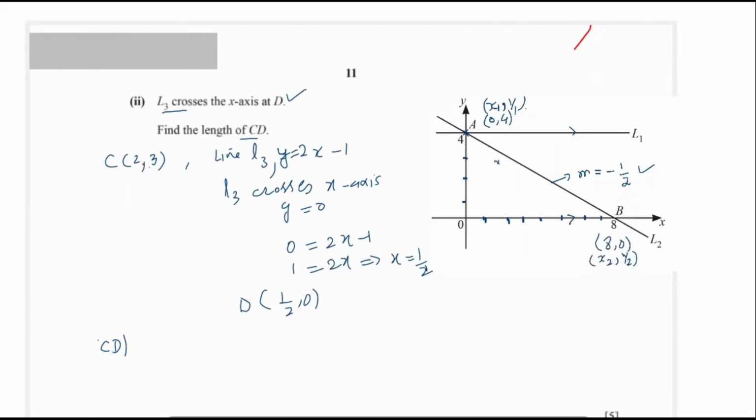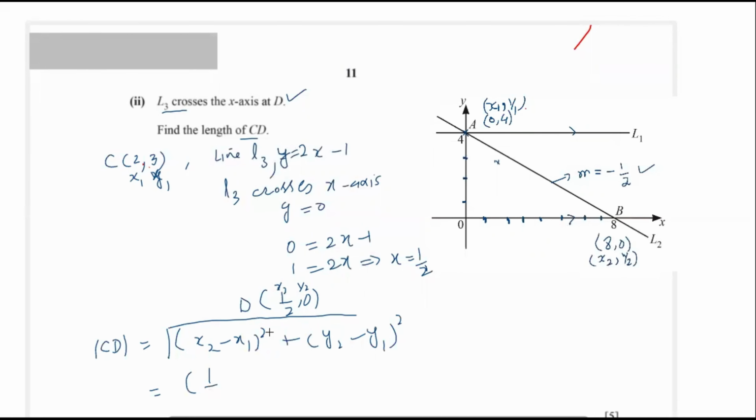The length CD is the square root of (x2 minus x1) whole square plus (y2 minus y1) whole square. Now, that is (1/2 minus 2) whole square plus (0 minus 3) whole square.